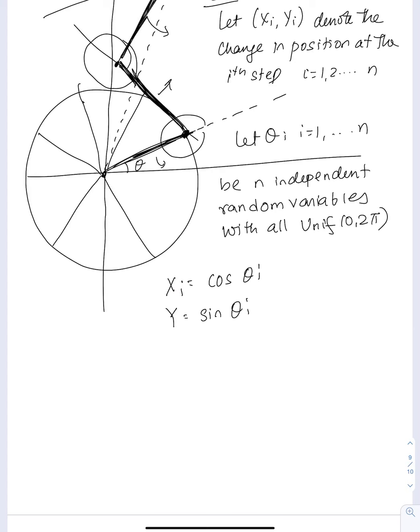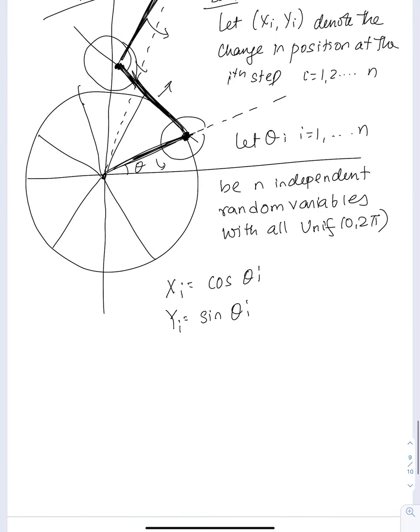And where will you be after n steps? So where will you be after 2 steps? You're just going to take your initial position and add x1, y1. That's where you are after 1 step. Where are you going to be after 2 steps? You're going to go from here to these new coordinates, adding to x1, y1 the change, which is x2, y2. And that'll tell you exactly where you're going to be after 2 steps.